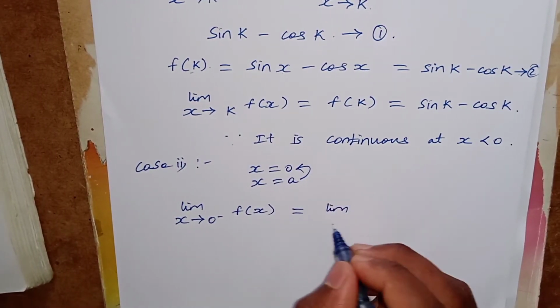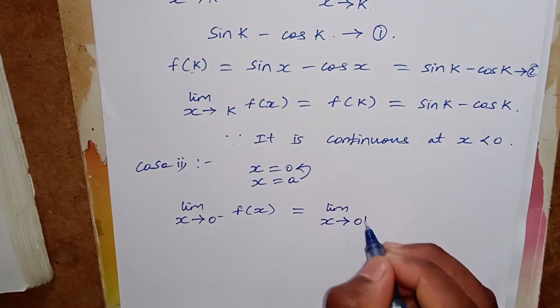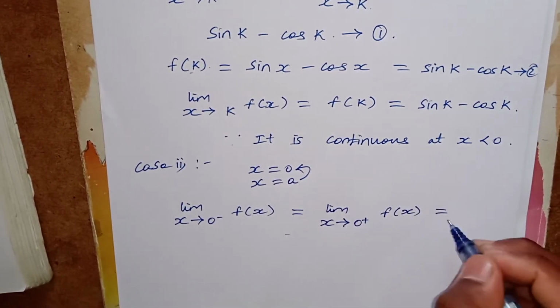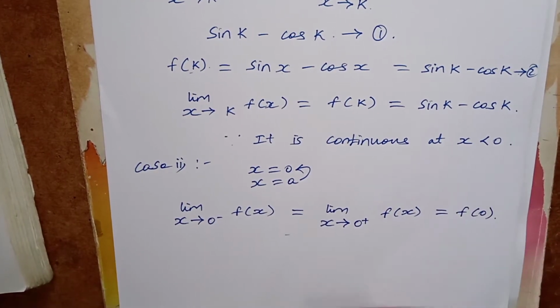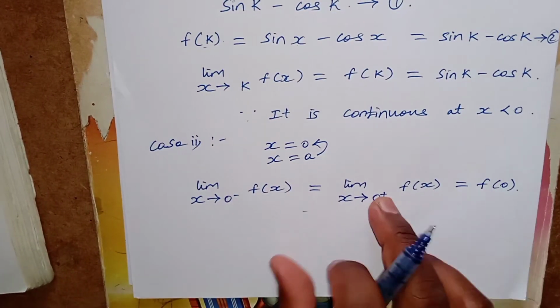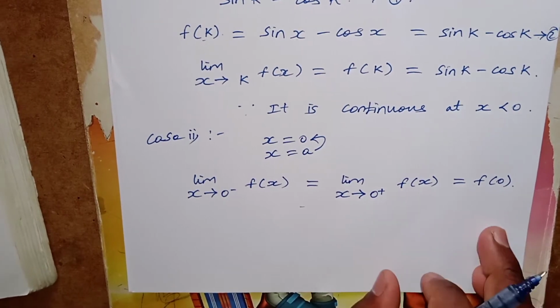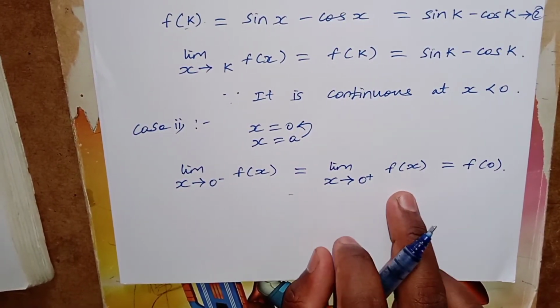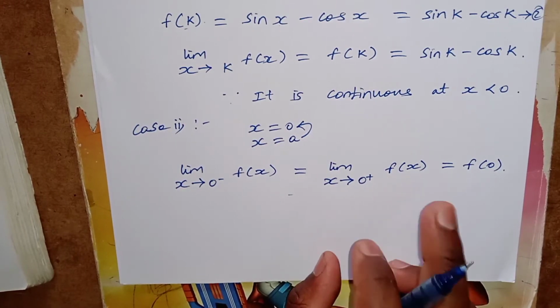Next, limit x tends to 0 plus, my right hand limit, equal to f of 0. If these three values are equal, then it is continuous. If the left hand limit is not equal to the right hand limit, then it is discontinuous.